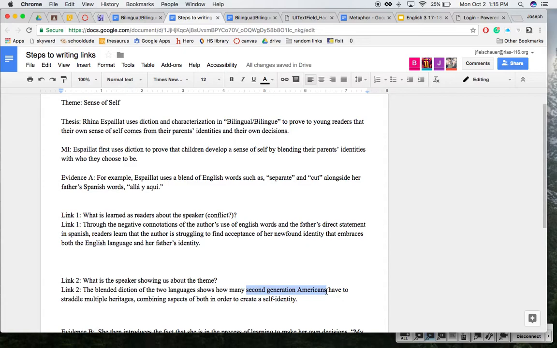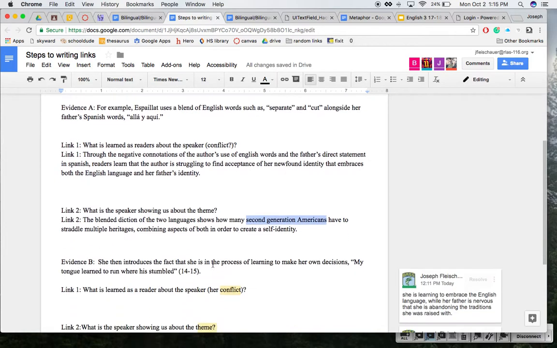So we have to write about that, and here is what the speaker shows us. Through her diction, she's showing us that with English words and Spanish words, there's this combination of two cultures, and that's how she's identifying herself.